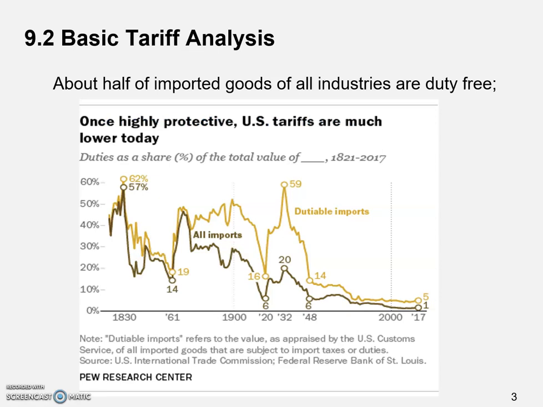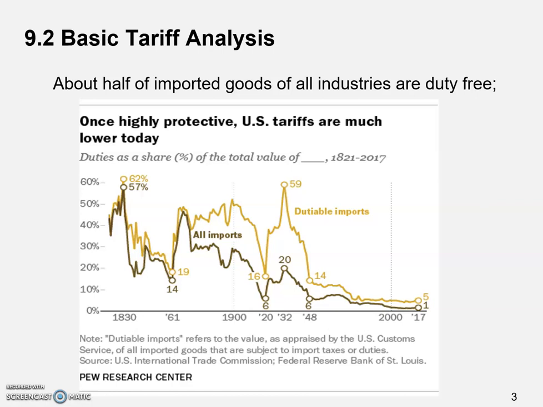First of all, let's take a quick look at U.S. tariffs in history. Today, about half of the imported goods in all industries in the U.S. are actually duty-free. Duty here means the tax imposed upon the imported goods, so duty-free means we don't have to pay any tariffs at all. But this was not always the case in U.S. history. This chart shows you the fluctuation of U.S. tariffs over time.